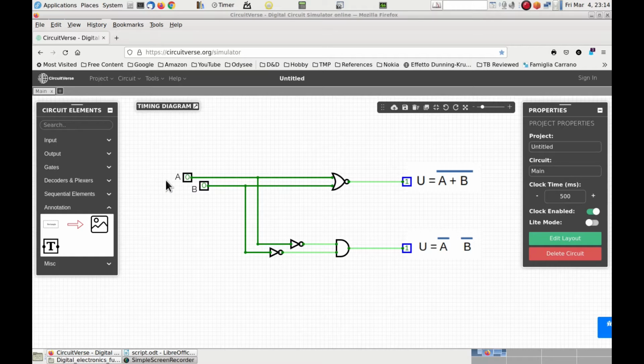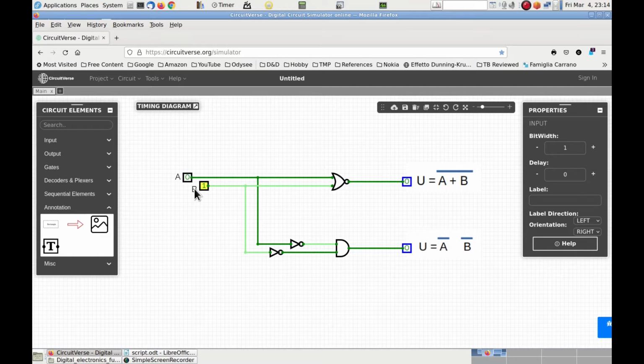So what we need to do now is to assign all the combinations of inputs A and B to both circuits simultaneously and see if for each of the combinations the outputs of the upper and lower parts of the circuit are the same. And you see that with A and B both at 0, we have both outputs set at 1. Changing B to 1 makes both outputs go to 0.